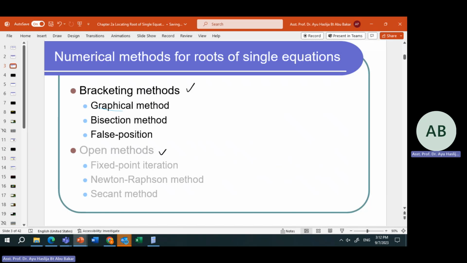Now, the bracketing method here means you will be given a lower value XL and an upper value XU. These values are the ones that will bracket your root. Meaning that your XR is in between XU and XL.